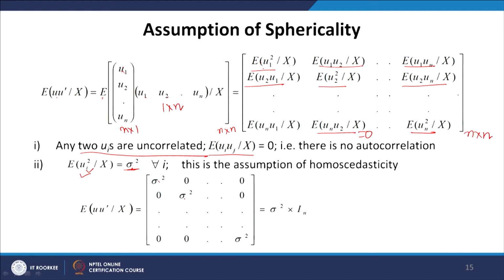So, we have sigma square along the diagonal terms, as a result of which finally we have sigma square multiplied by I n, where I n is an n by n identity matrix. Fair enough. So, this is how we present the assumption of sphericality, which encompasses the two assumptions of homoscedasticity and no autocorrelation among the error terms.